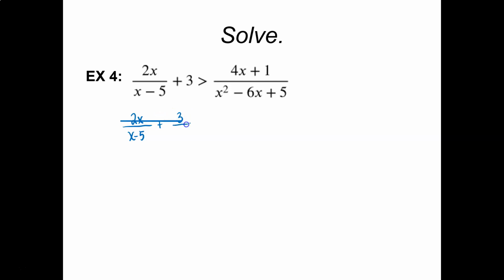I'm going to put this 3 over 1, so I don't forget about its denominator. And then I'm going to have 4x plus 1 over, and then I'll have x minus 5, x minus 1 greater than. Let's put it or equal to on this just to practice the little bit more difficult scenario of having that or equal to.